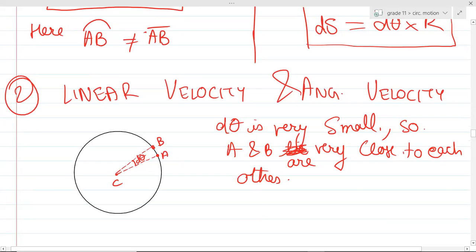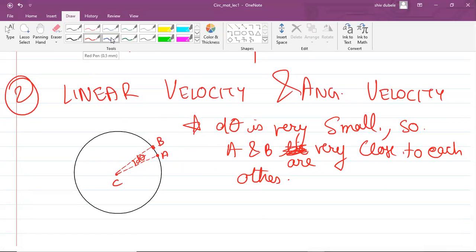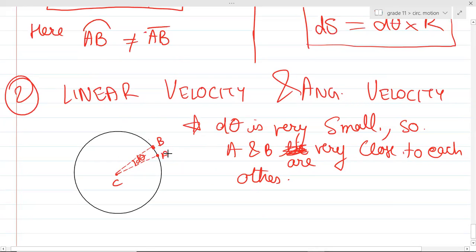Since point A and B are lying very close to each other, what will happen at this point? From A to point B, if I draw the direction of velocity, will the velocity look like this?